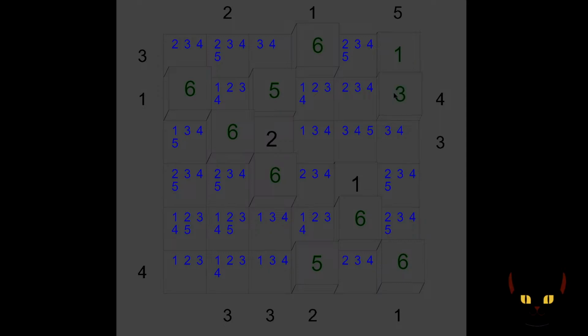So I think this 3 is going to eliminate itself pretty quickly. 4. Yes, because one of these has to be 5. 1, 2, 3, 4.